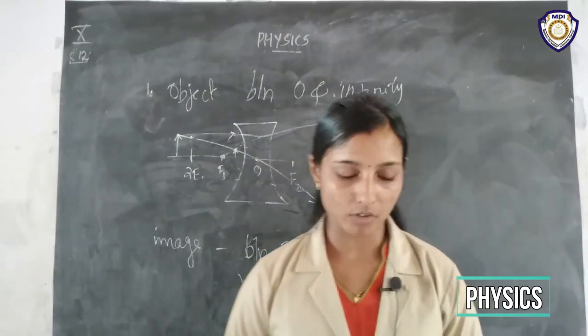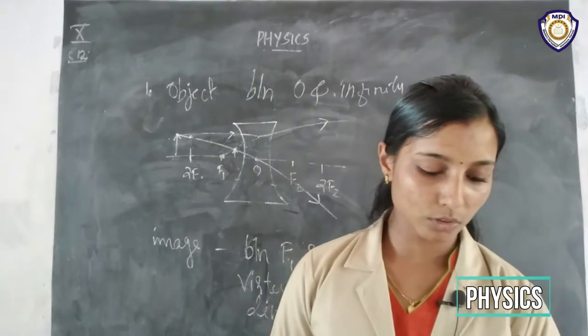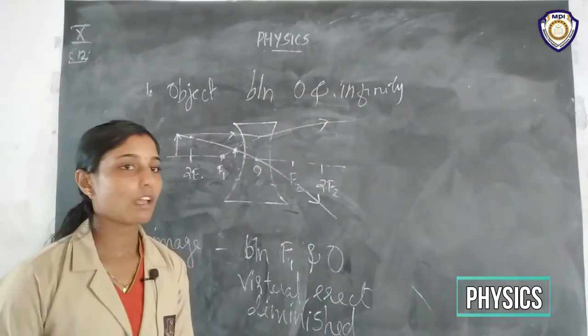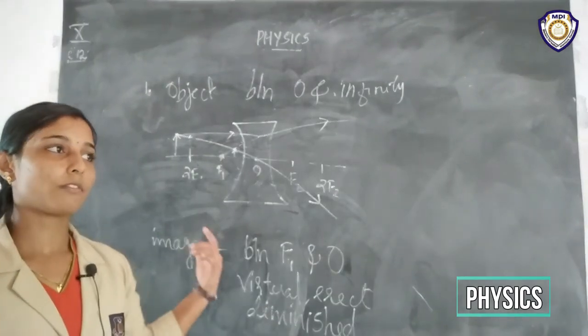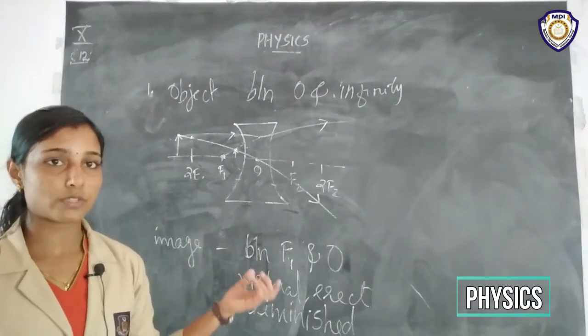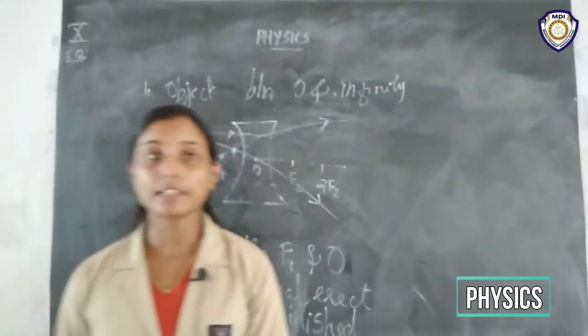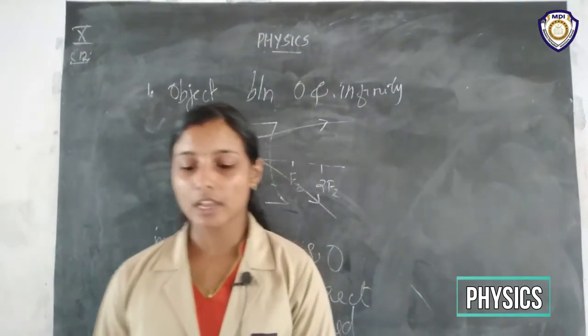Okay, so that is about the image formed by spherical lenses using ray diagrams. You can see Table 10.5, and we can conclude it like this.